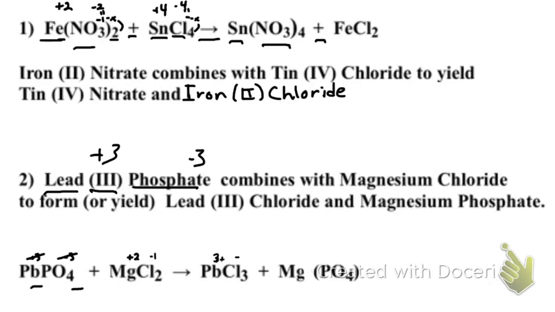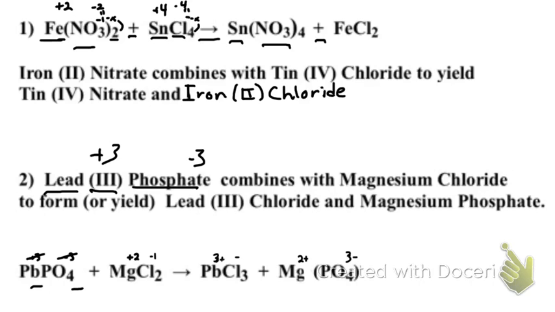So as I look at this side of the reaction, or on the periodic table, I notice that magnesium has a 2+ charge. And as I remember back to my polyatomic ions, or look on this side, I notice that phosphate has a 3- charge. So, what is a common factor that both of those will go into?